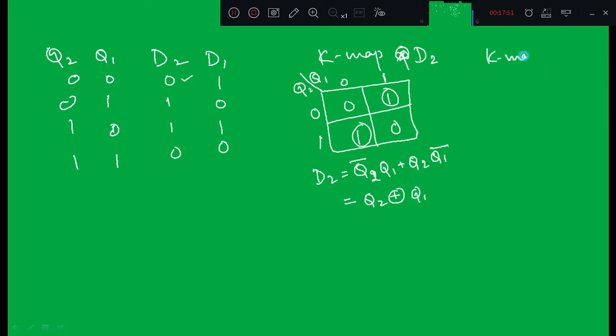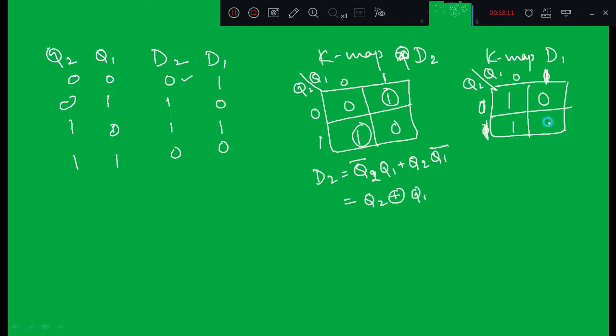Similarly, we need to put one more K map for D1. Now the inputs are Q2 and Q1 again, with values 1 0 1 0. Group them. What is the expression for D1?